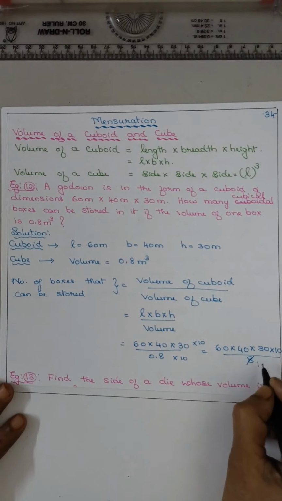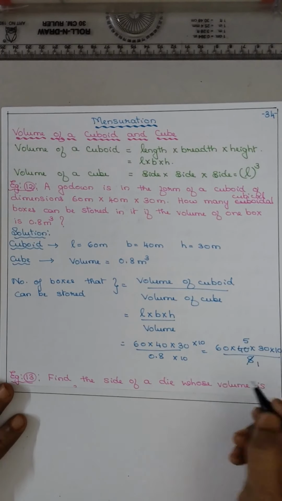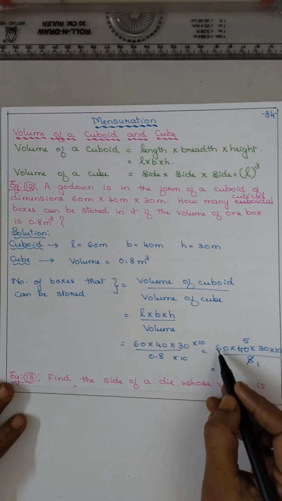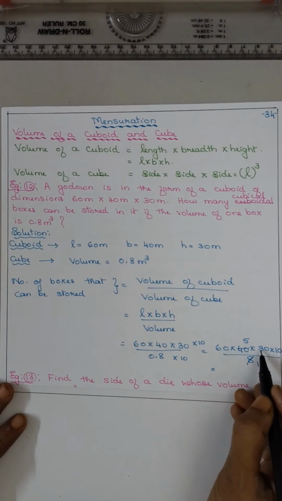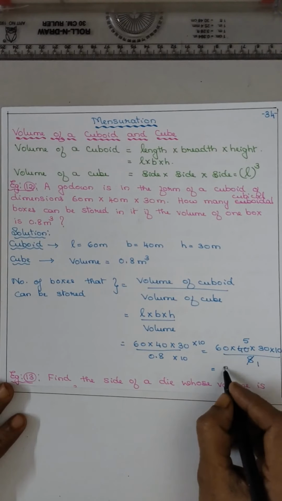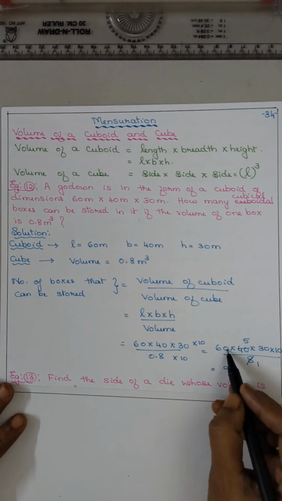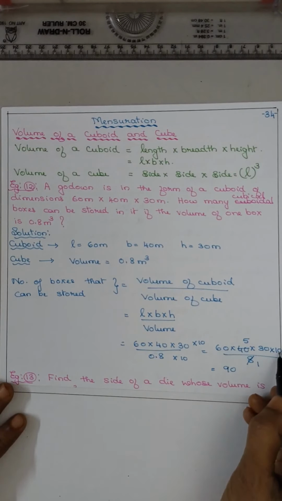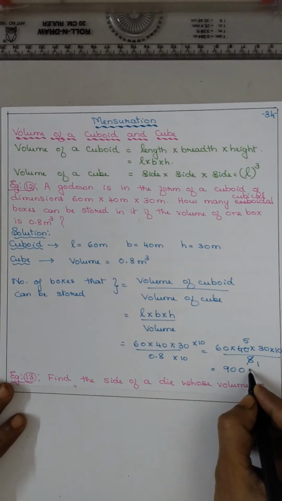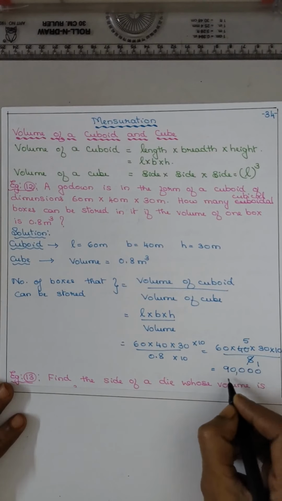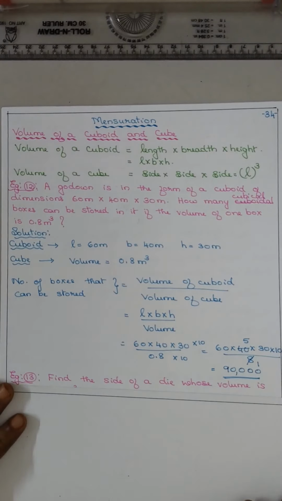So 8 ones are 8, 8 fives are 40. Now multiply, 6 fives are 30. 30 into 3 is 90. Now how many extra zeros? 1, 2, 3. 1, 2, 3. So answer is 90,000.